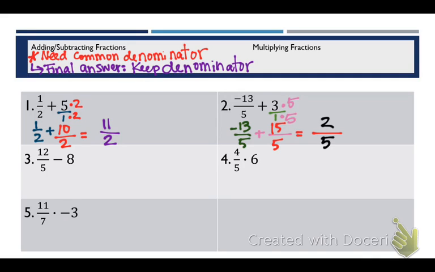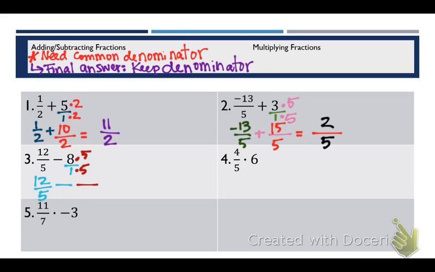One more. We got 12 over 5 minus 8. So what do I need both denominators to be? 5. First one already is 5. The second one is not. Multiply top and bottom by 5.